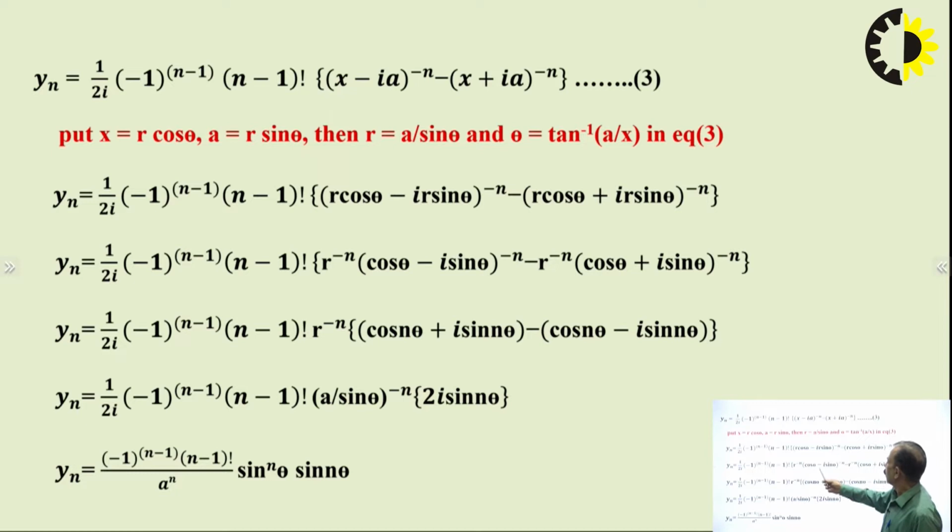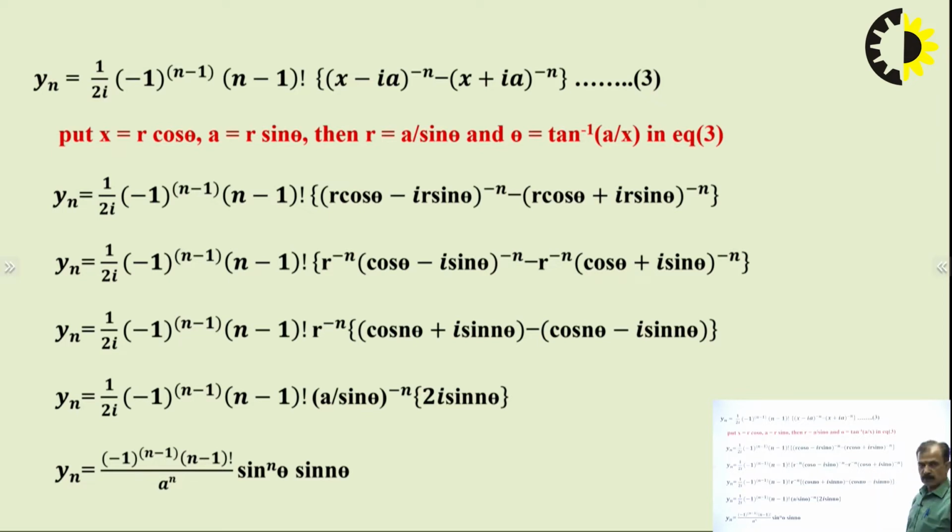Because r raised to the power minus n is common, we take it outside the bracket. So the value of yn is 1 upon 2i into minus 1 raised to the power n minus 1 factorial, as it is, and after taking r raised to the power minus n common, we have r raised to the power minus n into (cos theta minus i sin theta) whole raised to the power minus n, minus r raised to the power minus n into (cos theta plus i sin theta) whole raised to the power minus n.